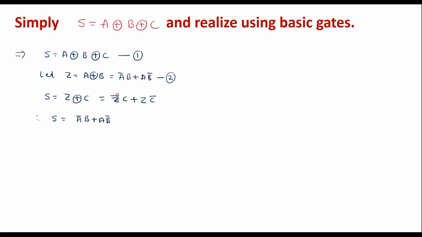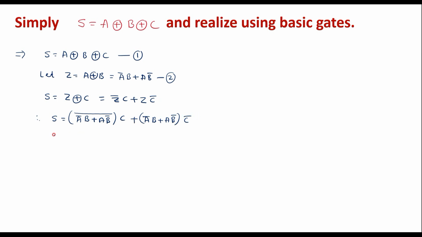Here we have a complement, that is, the entire complement into C plus Z. Z is nothing but A bar B plus A B bar multiplied with C bar.